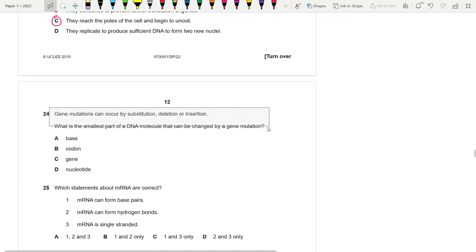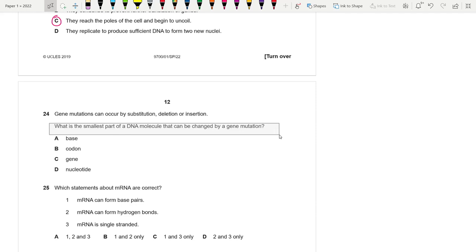24. Gene mutations can occur by substitution, deletion, or insertion. What is the smallest part of a DNA molecule that can be changed by gene mutation? Okay, so remember, you can change. The smallest part is a nucleotide actually. Okay, it's a nucleotide. Codon represents 3 bases. Gene is a section of DNA.